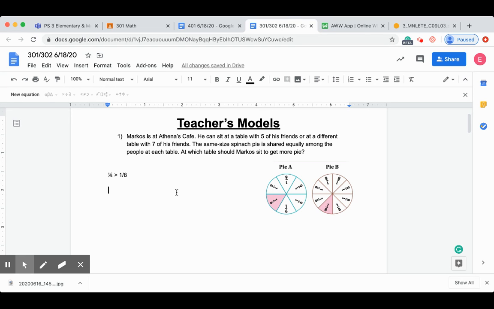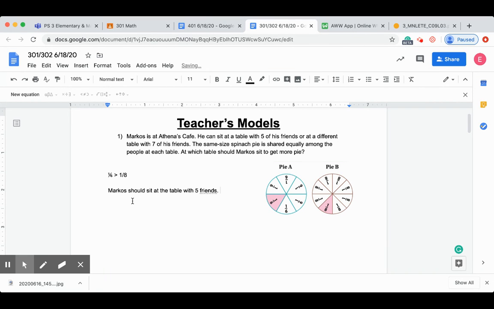So in the first table, there are 6 equal parts, and in the other there are 8 equal parts. The smaller number of equal parts will always be larger. So Marcos should sit at the table with 5 friends.